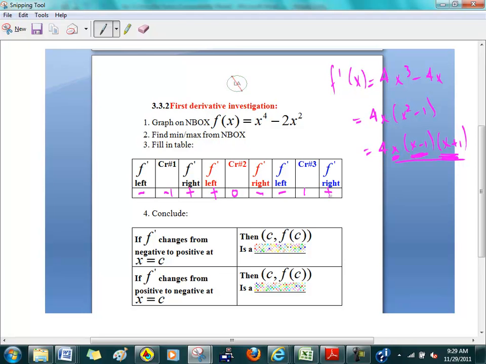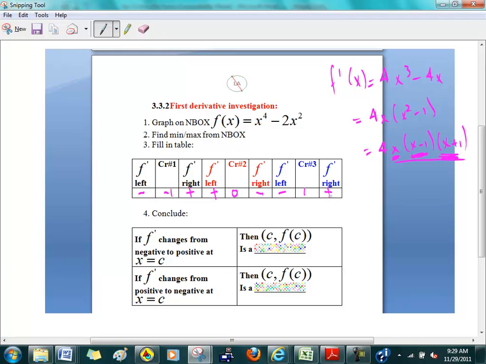And then this one here, you're looking to the left and to the right. Okay? So here, this guy is min, max, min. The tangent is going from a negative to a positive. Negative to a positive. Can you fill in the blanks now?